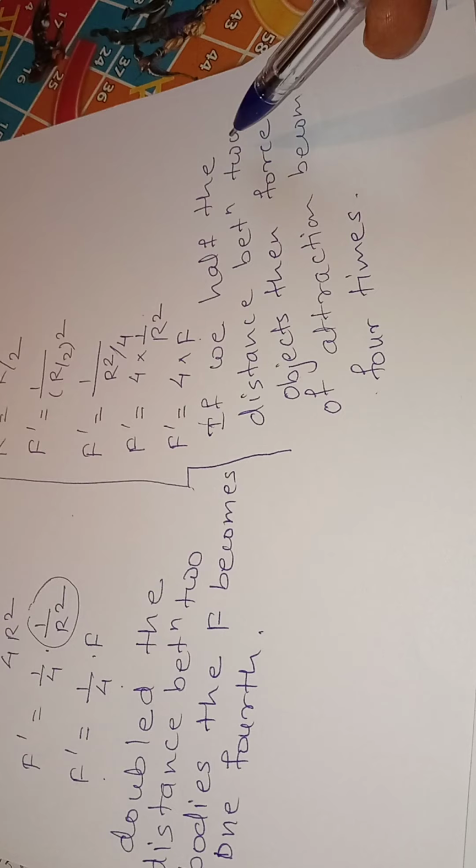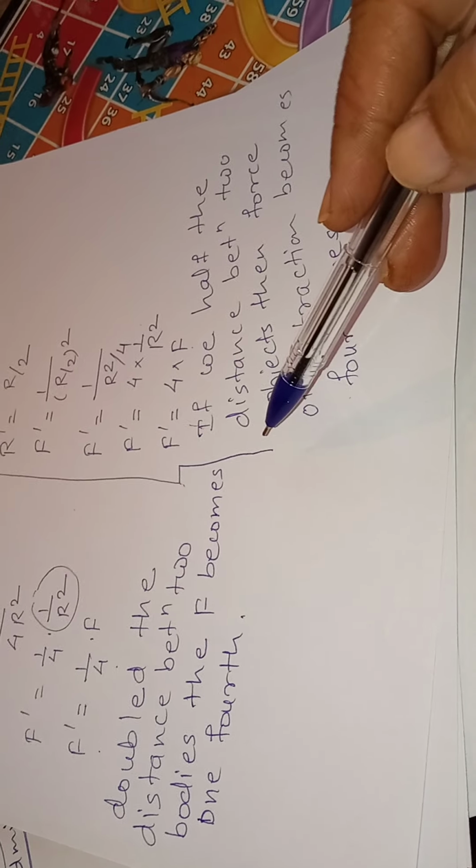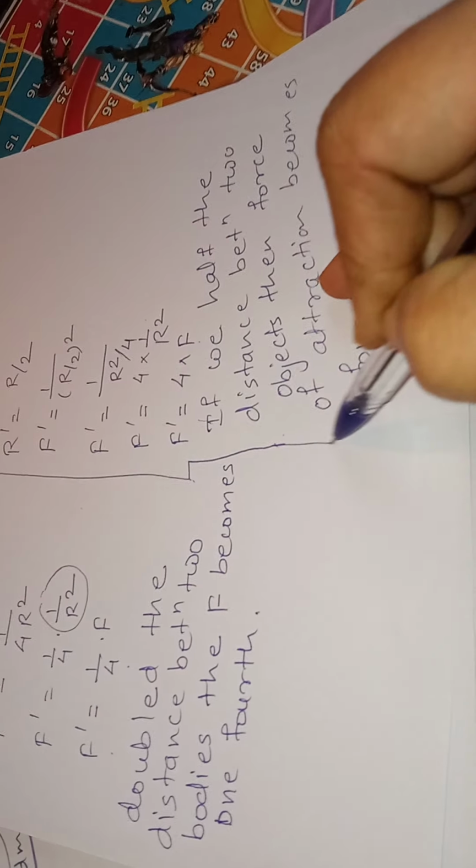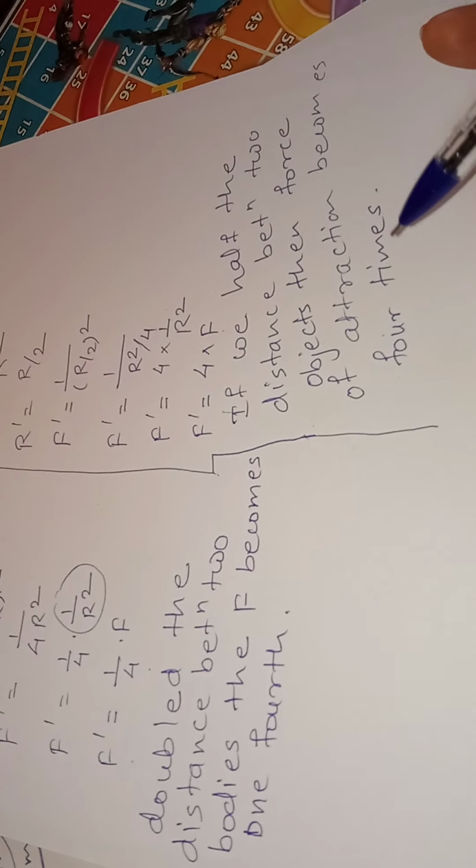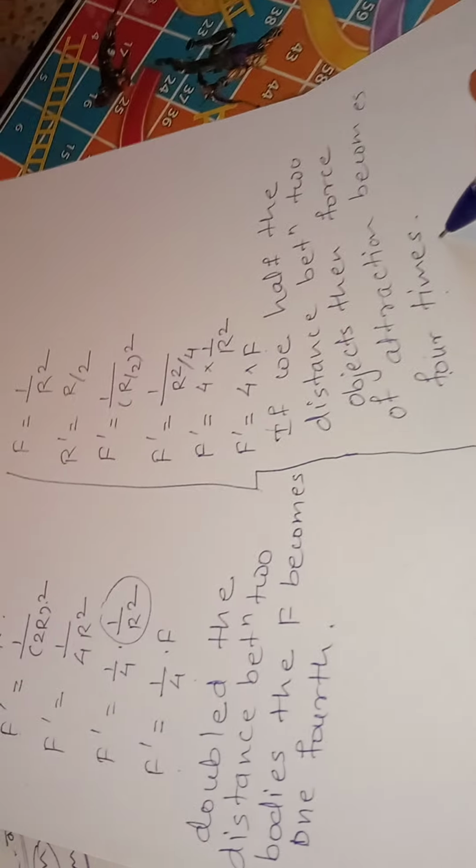If we halve the distance between the two objects, then the force of attraction becomes 4 times the original value.